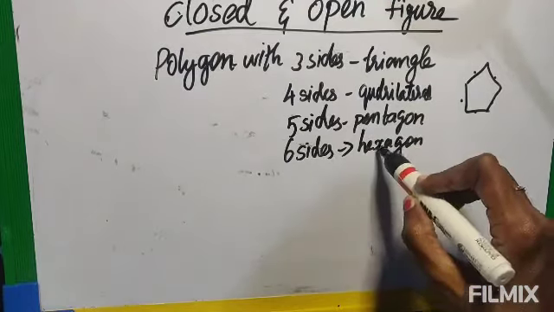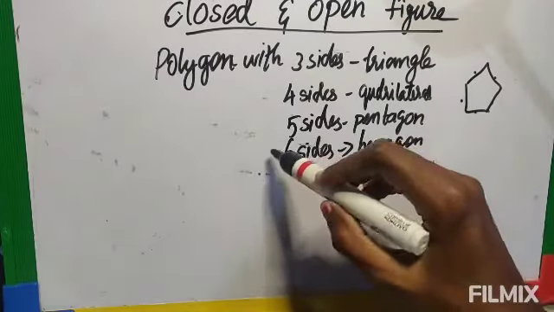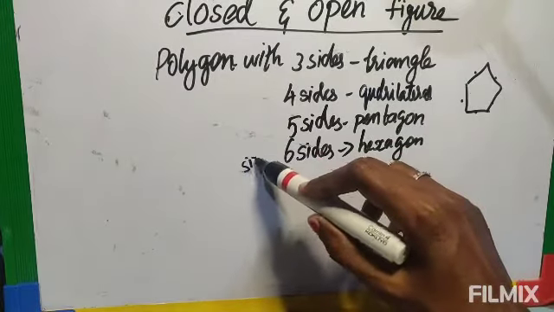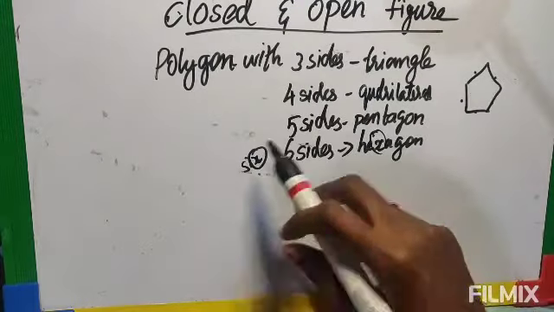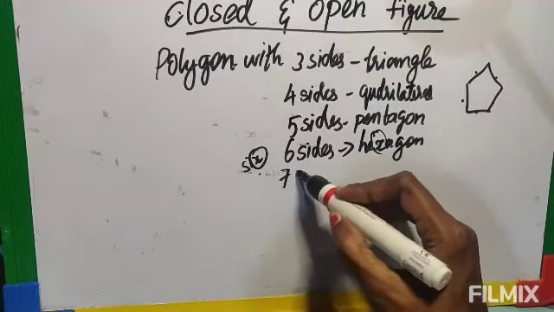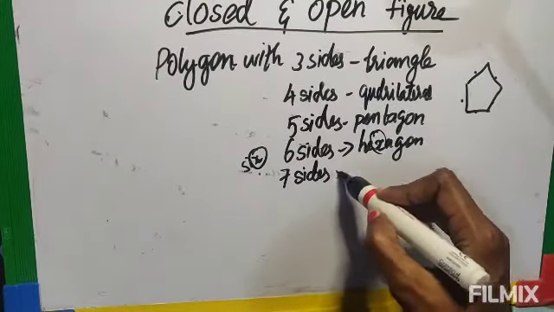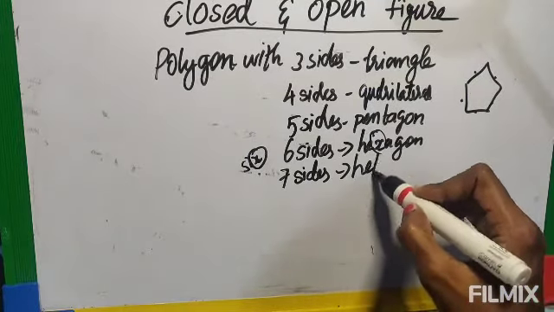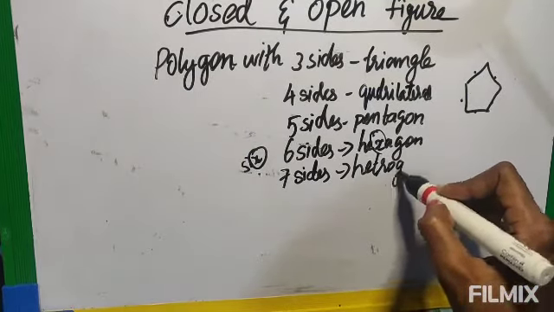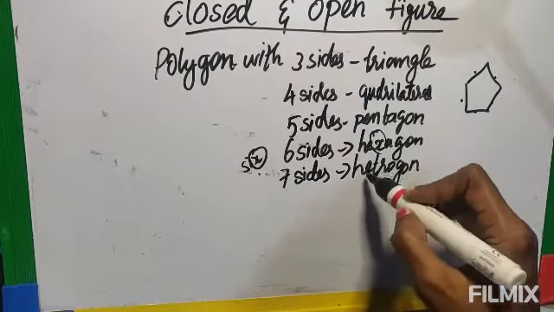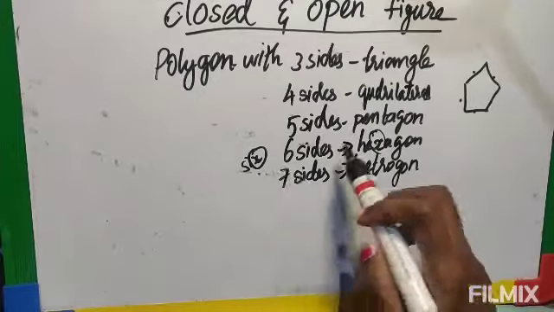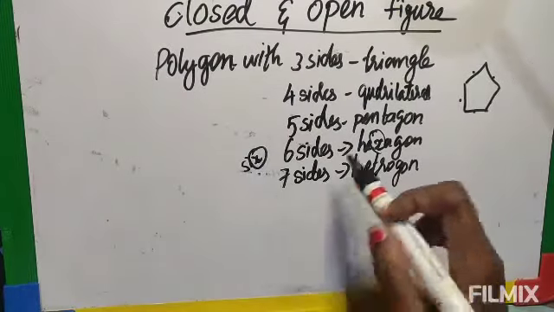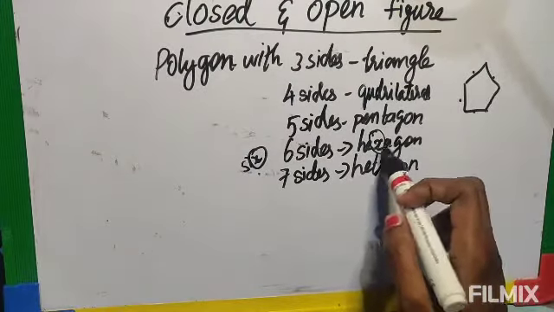Here you may get confused, so you must know in 6, x is coming, isn't it? In hexagon also x will come, that way you can remember it. Again, a polygon with 7 sides is called heptagon. Here you will make a mistake. Sometimes they write 6 as heptagon, 7 as hexagon. For that only I am telling you, 6 has x, so there also x must come, hexagon.